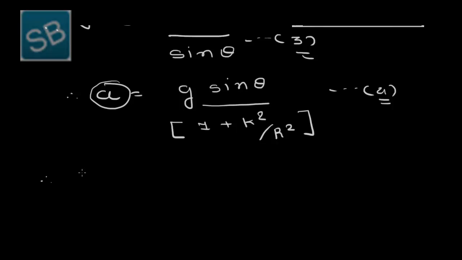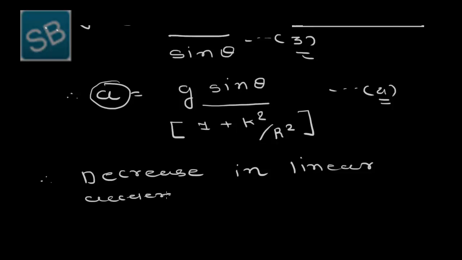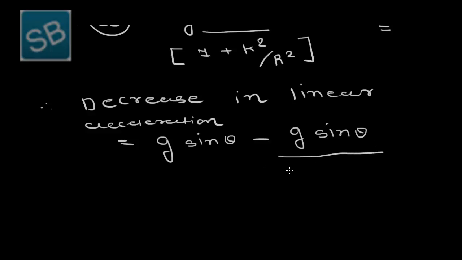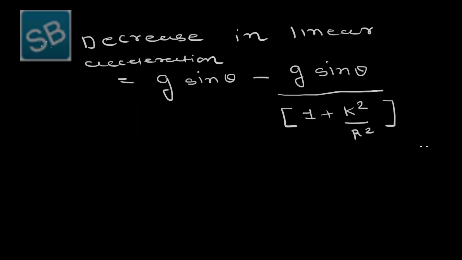Therefore, the decrease in linear acceleration is given by g sin theta minus the value of actual acceleration, what we have proved theoretically, g sin theta upon 1 plus k square over r square. And from these two, I can make g sin theta common.